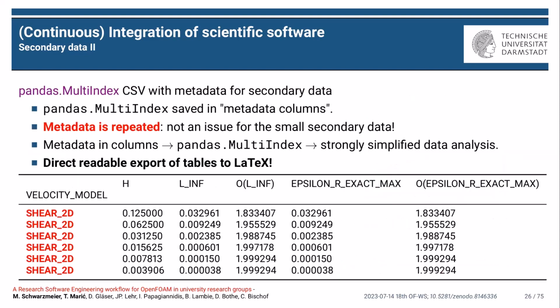How might that look like? If you use multi-index CSVs, it's very simple and easy to automate all the evaluations, but you will repeat metadata. For example, here the shear 2D is always the same model, independent of the grid size, what is done in that table.